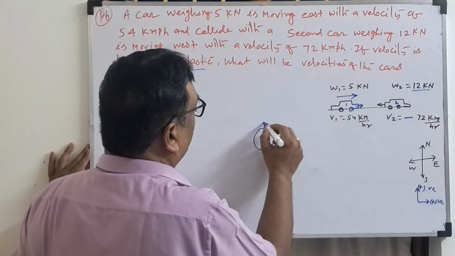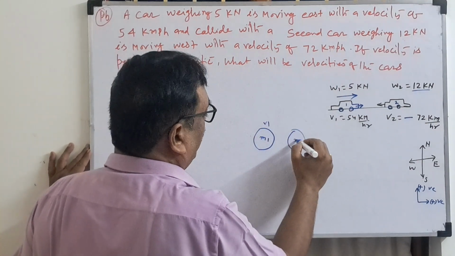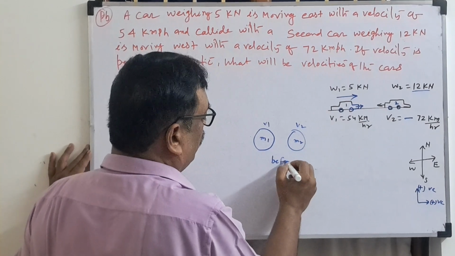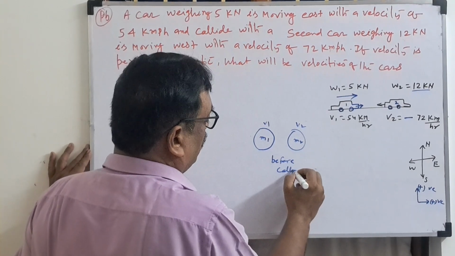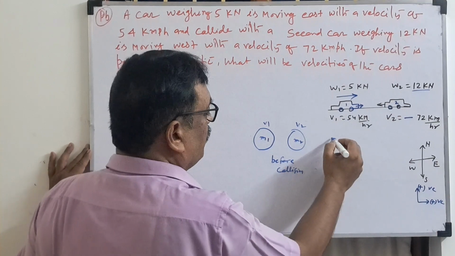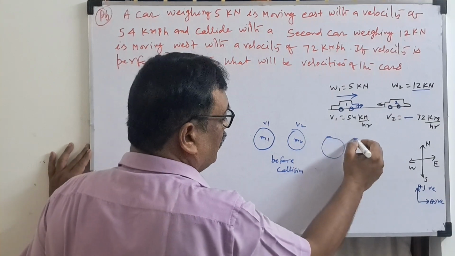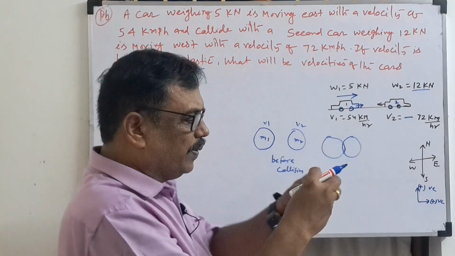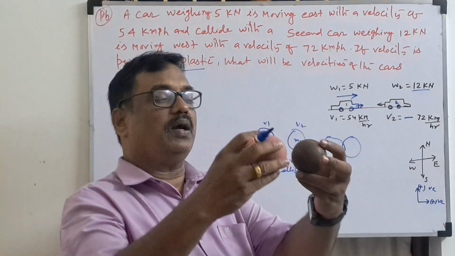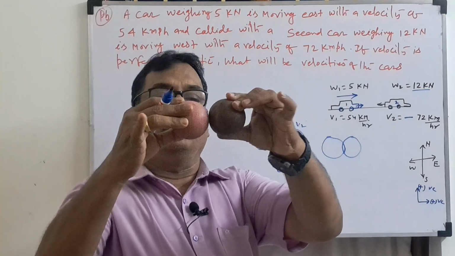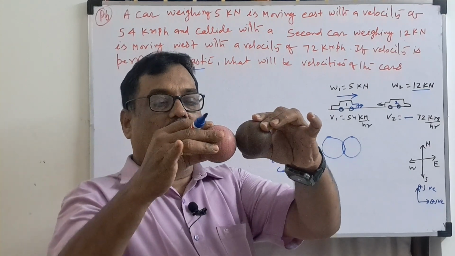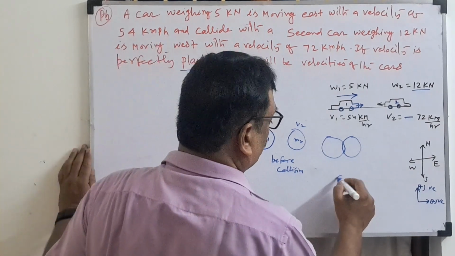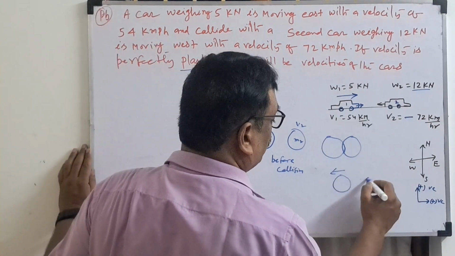So this is m1 v1, m2 v2 before collision. During collision, for a small interval of time they come close, and again they separate, going in different directions.